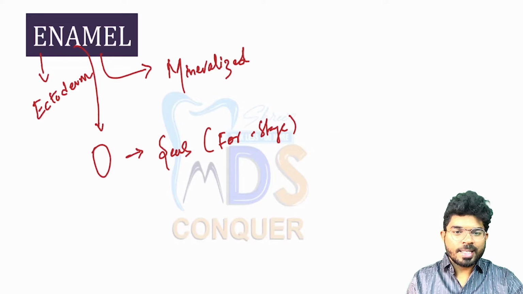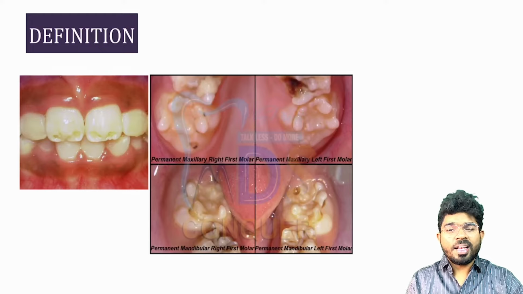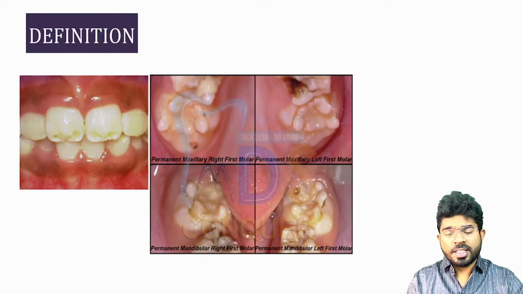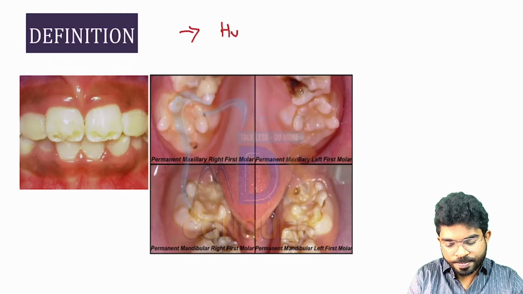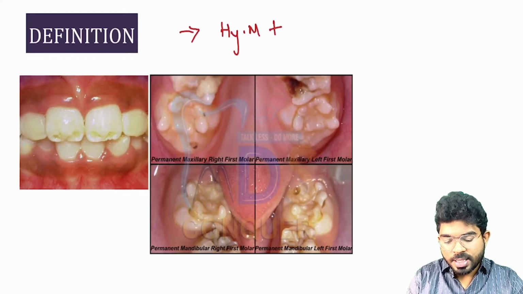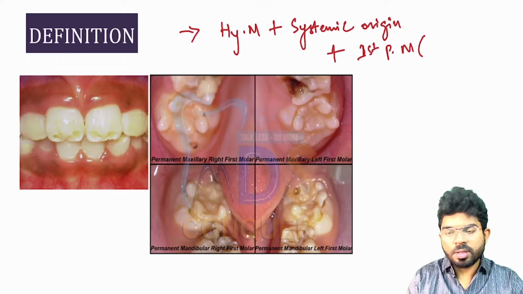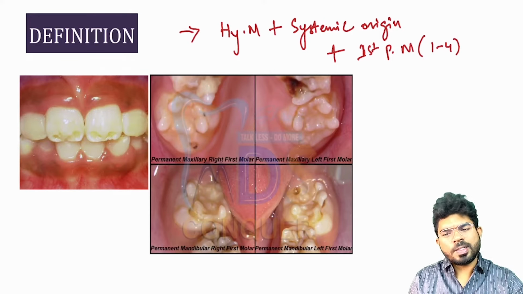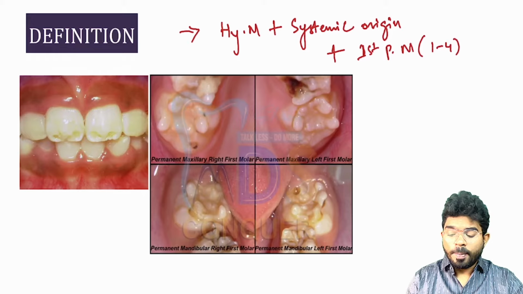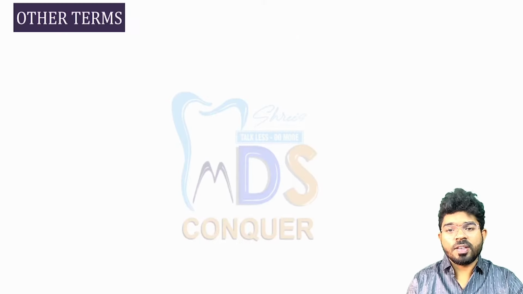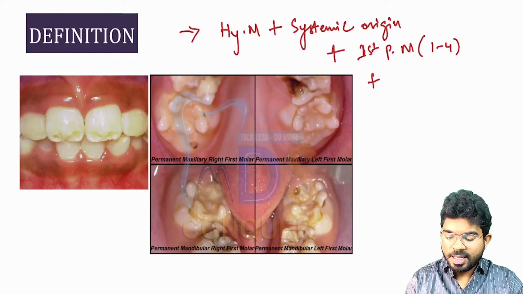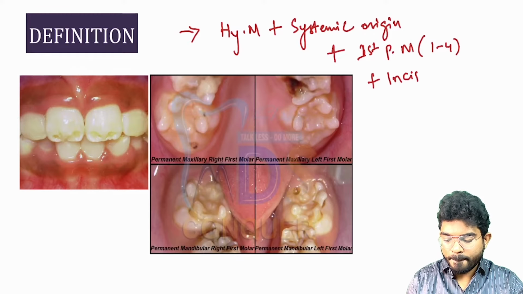So jumping into the next aspect, definition. Basically the definition of MIH is hypomineralization plus systemic origin plus first permanent molars, 1 to 4, any of these, mostly 4, if not at least 1, 2 or 3, plus similar features seen in the incisors.